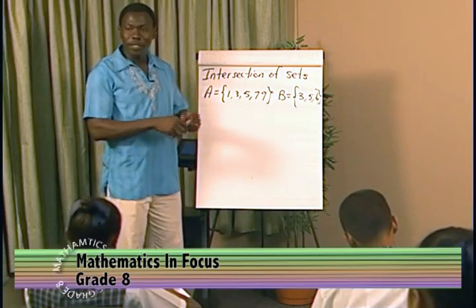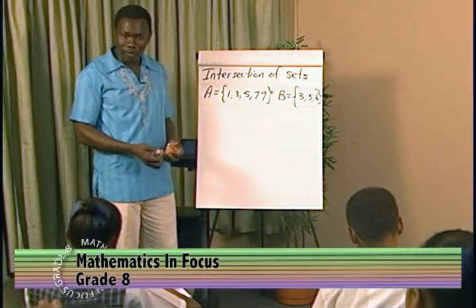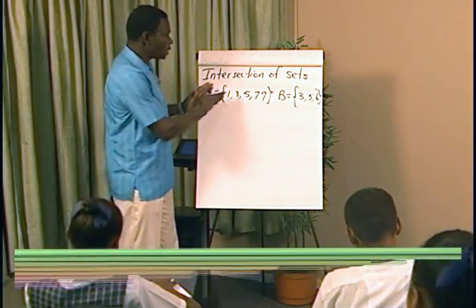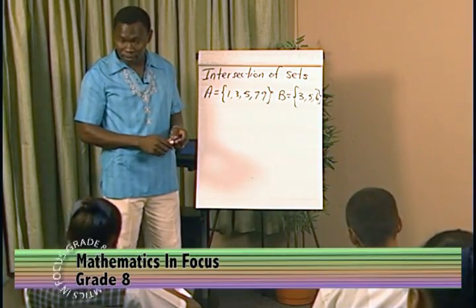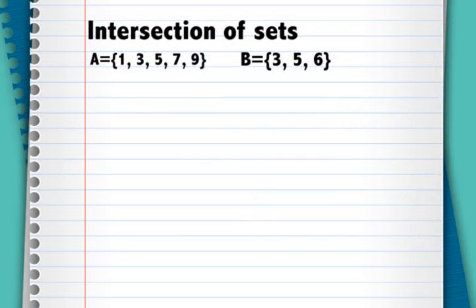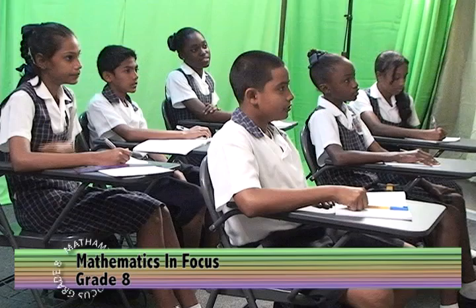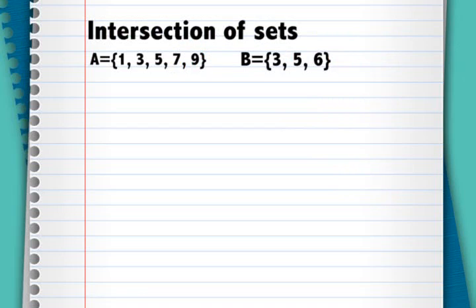If there are, we say that those elements form the set which is the intersection of these two. Are there any elements in common here? Yes, sir. What are the elements in common? 3, 5. Correct. 3 and 5 are the elements in common.